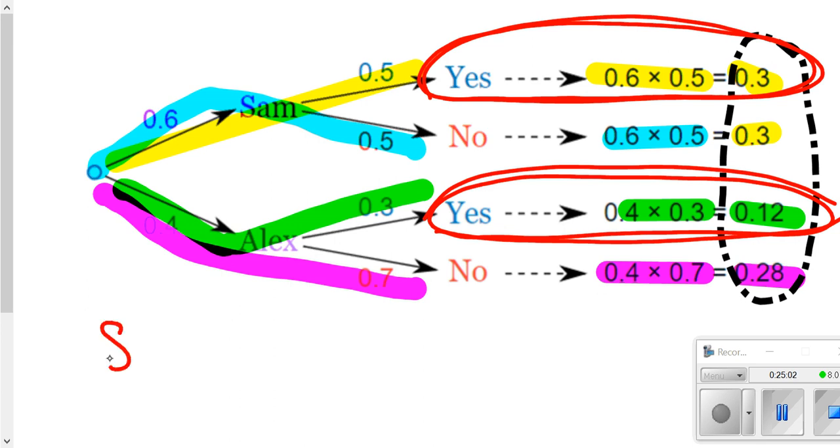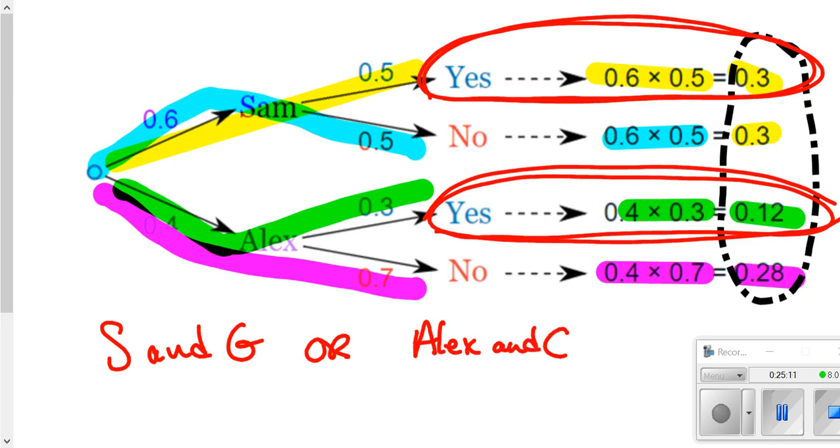So either Sam and goalie or Alex and goalie cause me to be the goalie. And or means to add. So this would be my 30%. Actually, let me show it this way.